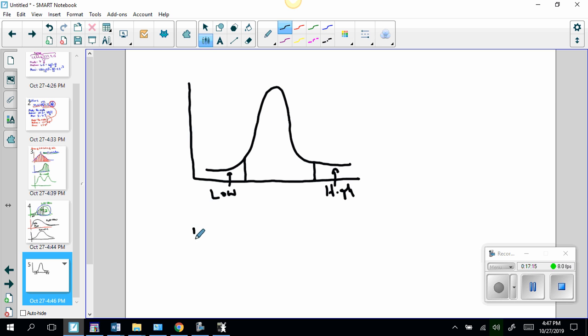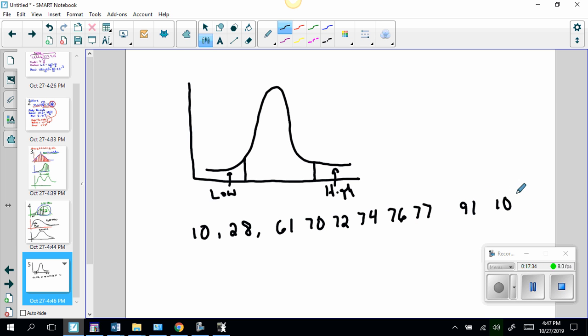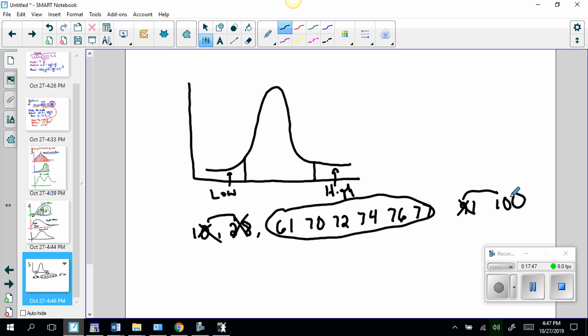It's like you got a 10%, 28%, a 61, a 70, a 72, 74, 76, 77, 91, 100. All the data stacked in the middle, nice and tight, with only maybe a little bit of variability on the outside, and maybe not even that. Maybe these weren't even there. And this is nice and tight. It has low variability.